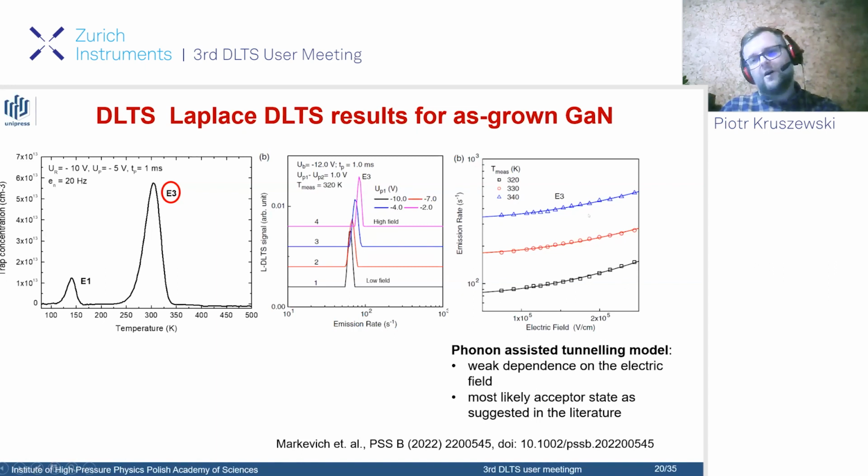And we tried the Poole-Frenkel effect, 1-dimensional, 3-dimensional, other models, but finally we found that the phonon-assisted tunneling model is the best which describes our data. In this model, it's assumed that there is a weak dependence on the electric field, and this result also suggests that this is most likely the acceptor state, as suggested in the literature.